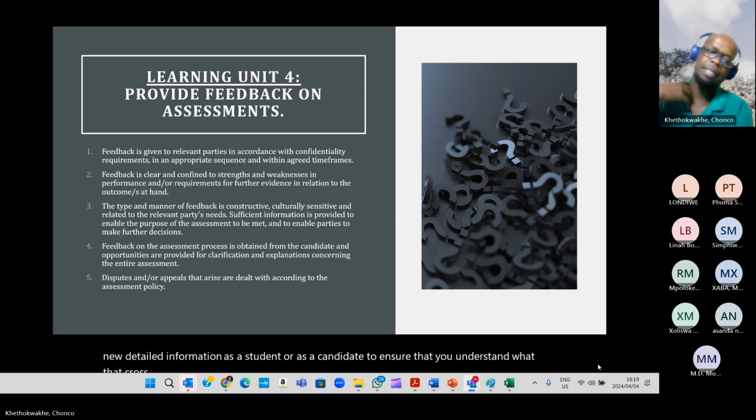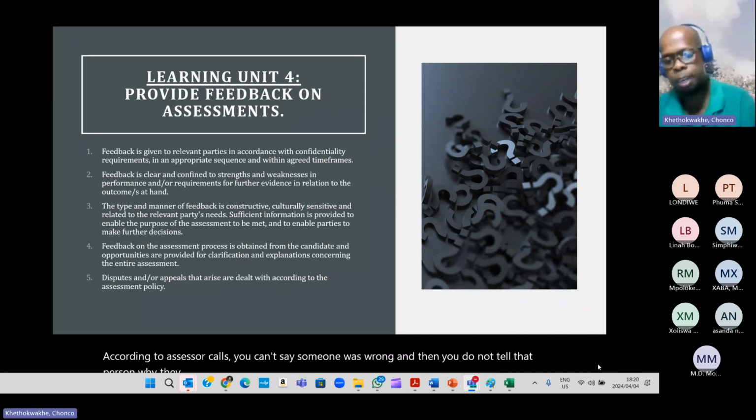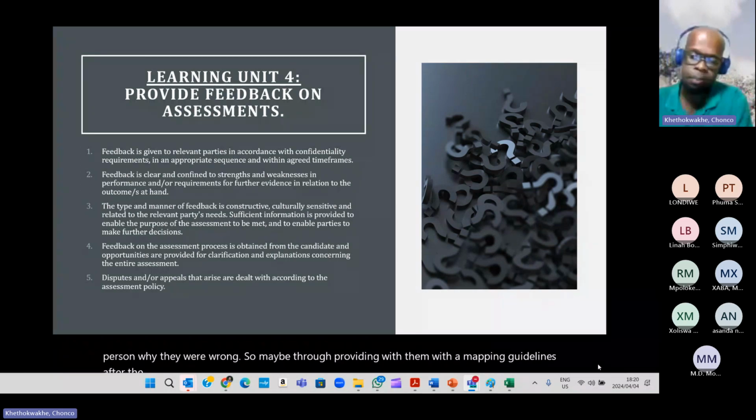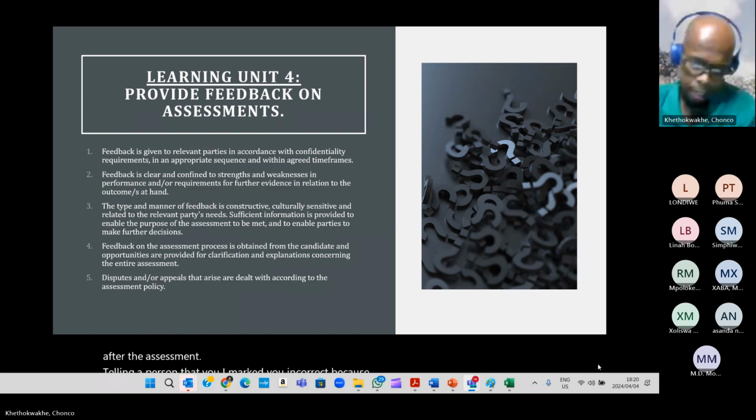According to assessor course, you can't say someone was wrong and then you do not tell that person why they were wrong. So maybe through providing them with a marking guideline after the assessment, that's another way of telling a person that I marked you incorrect because the response should have been this.